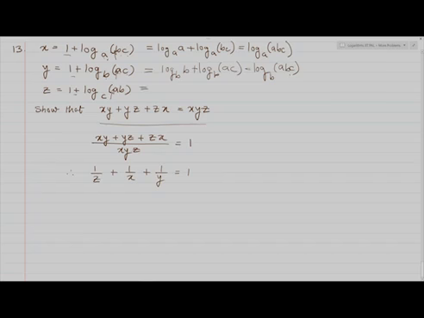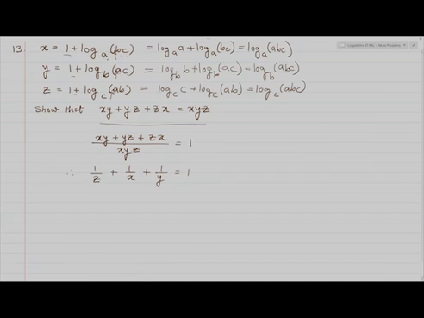Similarly, I can do it here: log to the base c of c plus log to the base c of ab, which is equal to log to the base c of abc. Okay. So therefore, now I have the expression of this form.